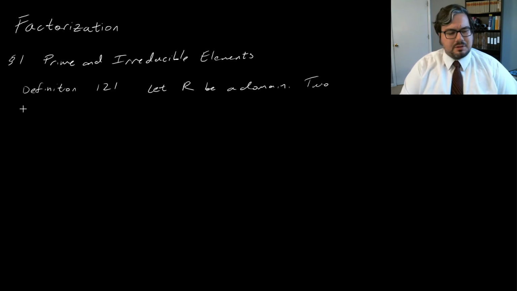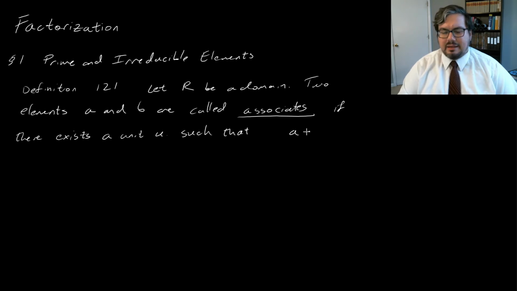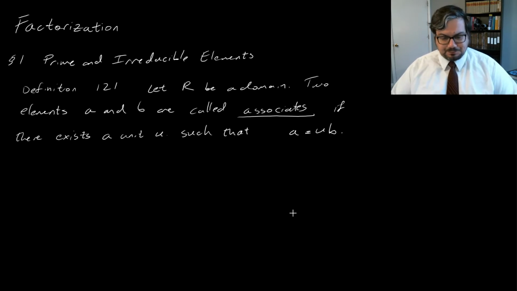Two elements A and B are called associates if there exists a unit U such that A equals U times B. So recall that a unit in a ring is some element that we can divide by, that has a multiplicative inverse.